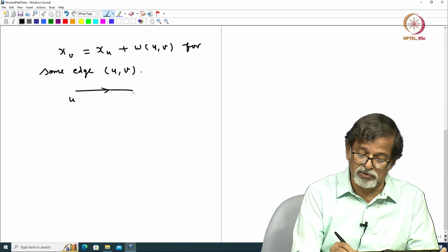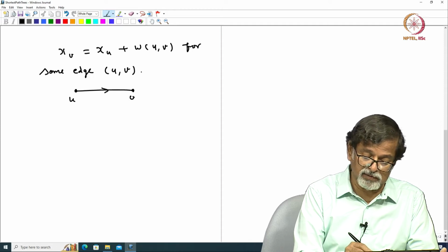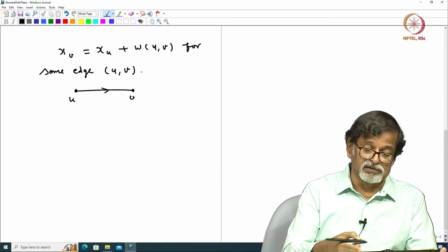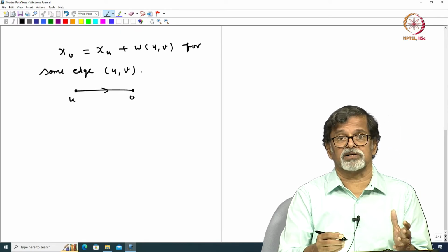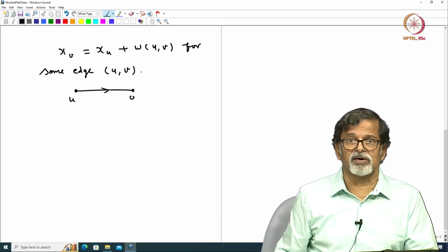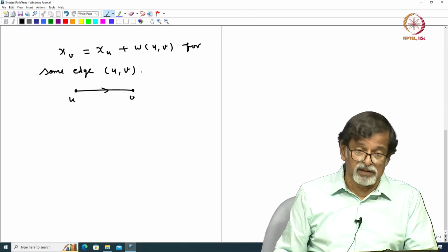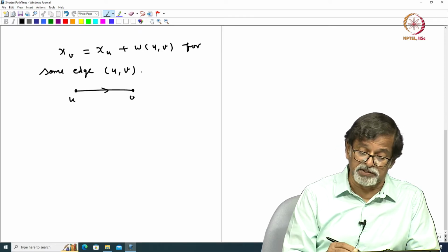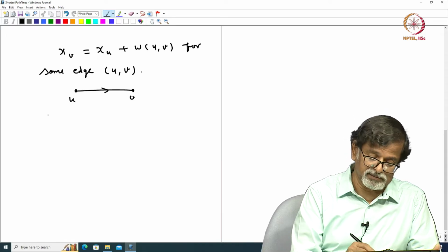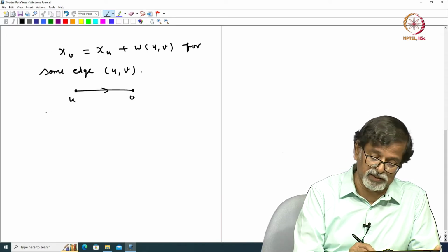This is u and it's an edge ending at v. So, this is how the solution is. If you look into the final solution, it will have this form, and we call this edge uv, which is ending at v, as the Bellman edge corresponding to the vertex v.